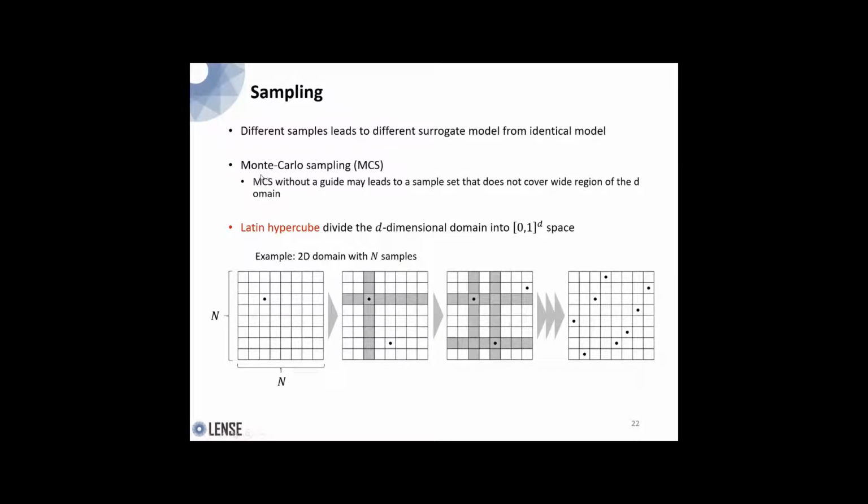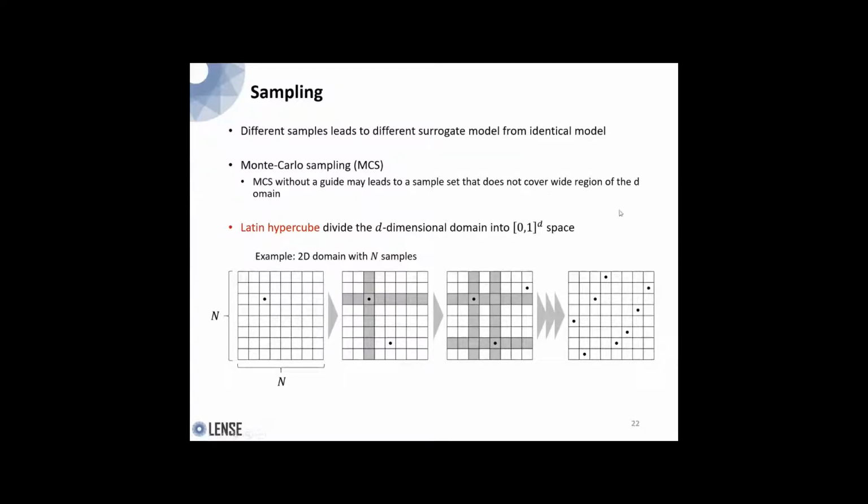And you can do Monte Carlo sampling. I mean, that's very popular. That's random sampling, and you may not get a very good result unless you use a lot of samples, because these are samples that are randomly chosen. Depending on realization, in some realizations you may get samples that are well spread out, but in other cases you may not.